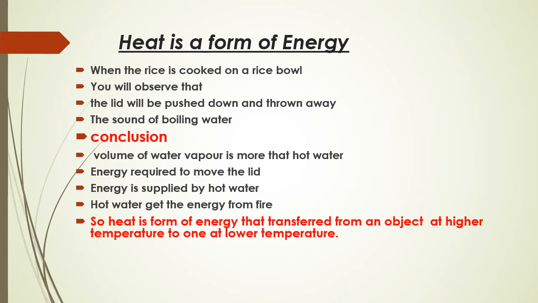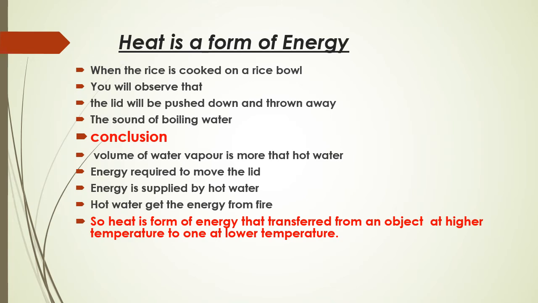Understand? So heat is a form of energy that is transferred from an object at a higher temperature to one at a lower temperature. Suppose when you touch an ice cream, you will feel cold. That means the ice cream is absorbing the heat energy from your body.